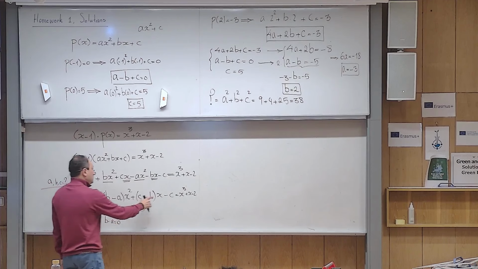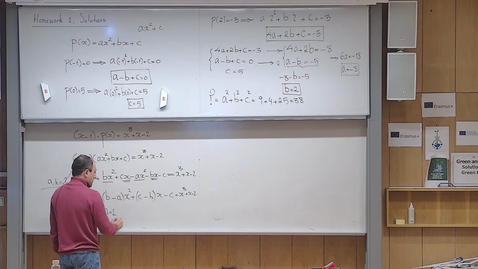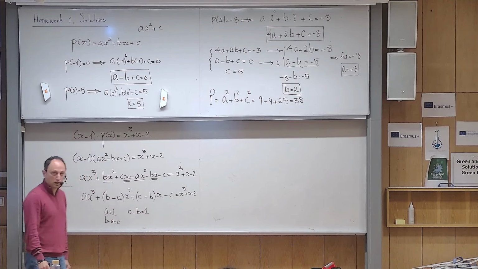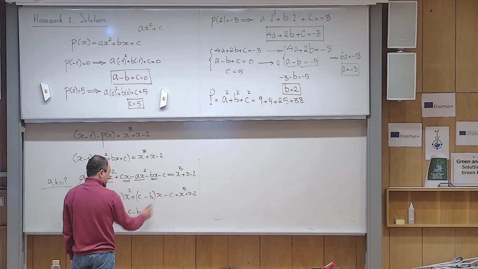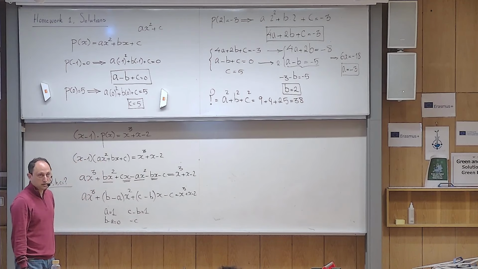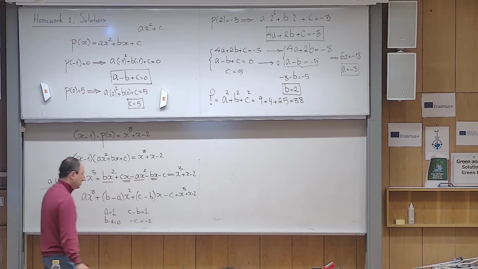Now, if I ask you what is the coefficient of the x term, c minus b, what is the coefficient of the x term there? 1. So c minus b should be 1. And the constant term without x on the left is minus c. The constant term on the right is minus 2. So you see what I'm claiming. I want you to understand the logic.